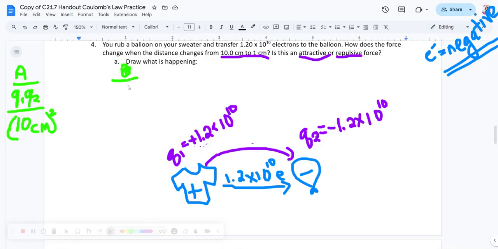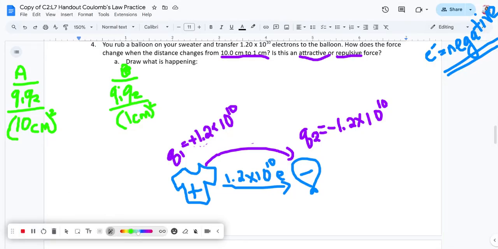Okay, in the second one, notice that the charge isn't changing, right? The question isn't saying that the charges got bigger or smaller, right? So that means I'm still using Q1 and Q2. And below though, my distance did change. My distance changed to 1 centimeter, and then I'm gonna square it. All right, so let's go ahead and do some simple calculations. If we take a look at our 10 centimeters squared, we gotta square everything.